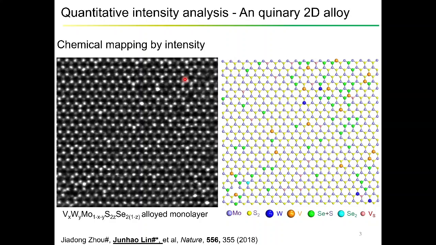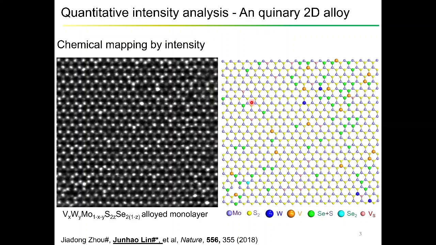Okay, so this is one of the very preliminary examples of how we use the quantitative intensity analysis in 2D material.